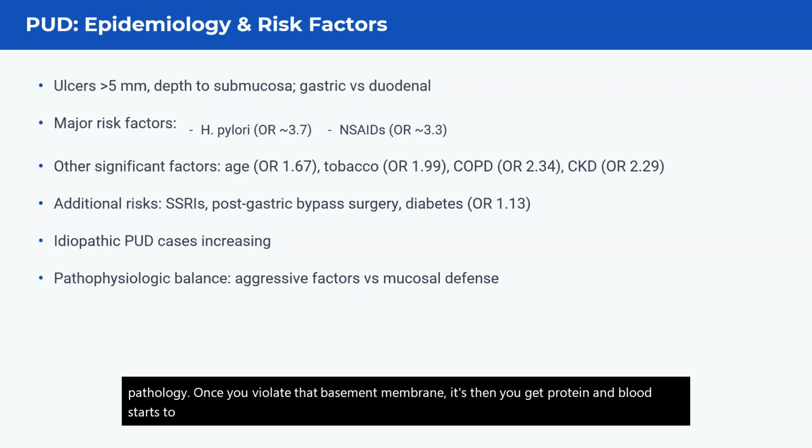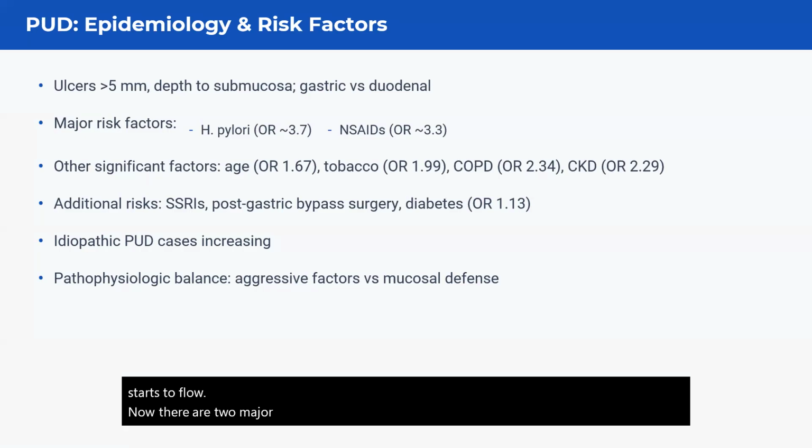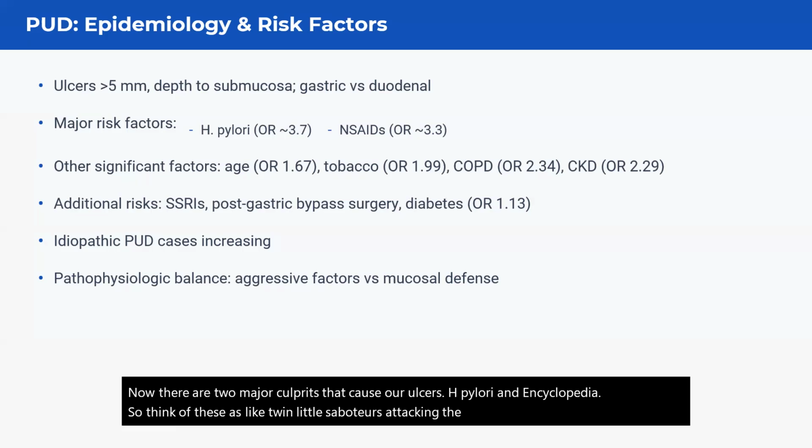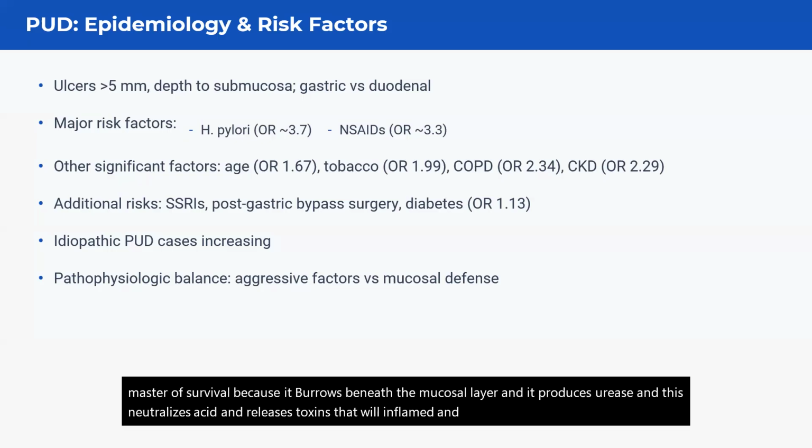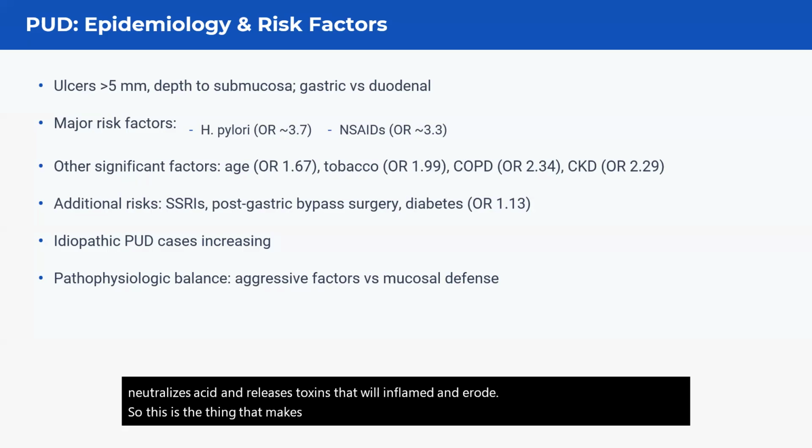Now, there are two major culprits that cause our ulcers, H. pylori and NSAIDs. Think of these as twin little saboteurs attacking the mucosal integrity. H. pylori is a master of survival because it burrows beneath the mucosal layer and produces urease. This neutralizes acid and releases toxins that will inflame and erode. So this is what makes infection one of the more potent known risk factors for developing an ulcer.